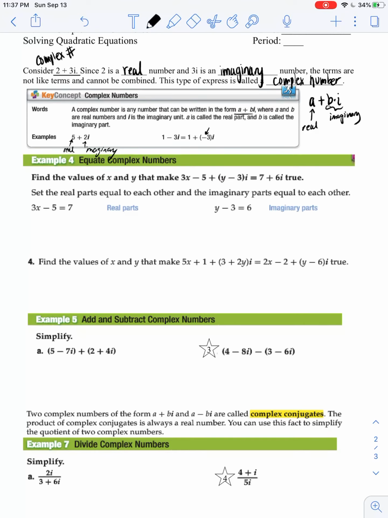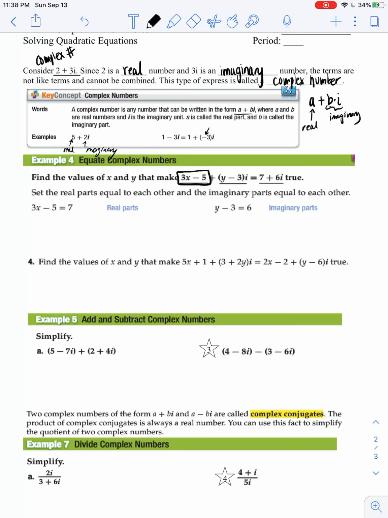All right. So example 4, it says find the values of x and y that make this quantity true. And this is, again, a little weird to start, but once you see it, it's super simple. These next two problems are super easy. So we've got 3x minus 5 plus y minus 3 times i, and that's equal to 7 plus 6i. Up here we said that those terms are not like terms.